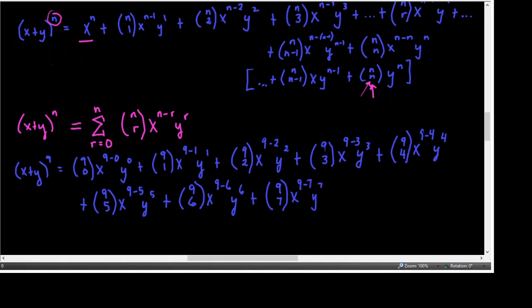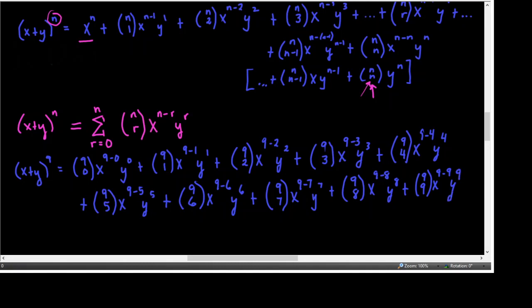This is an easy pattern to follow. Once you get going, it's not bad. So 9 choose 8, x to the 9 minus 8, y to the 8th, plus 9 choose 9, x to the 9 minus 9, y to the 9th.